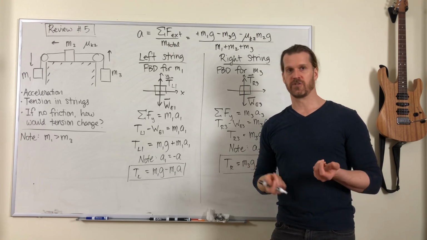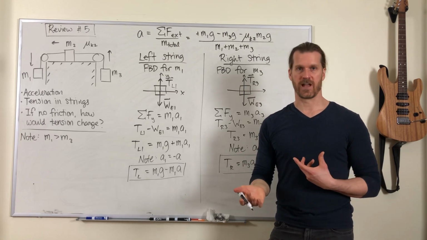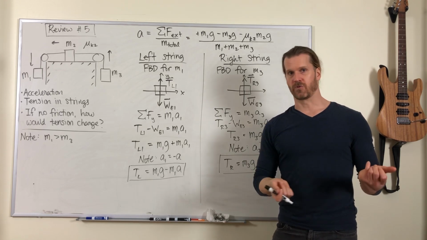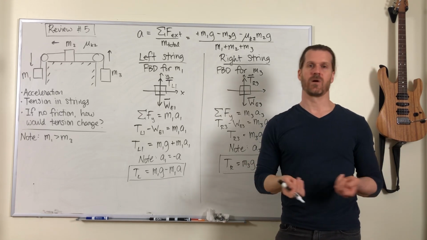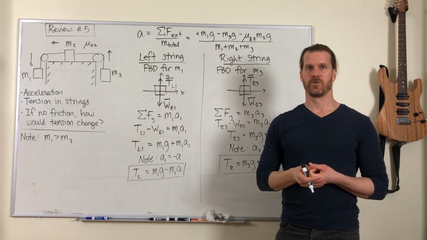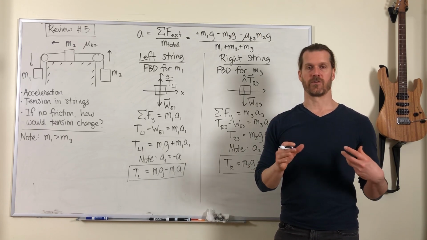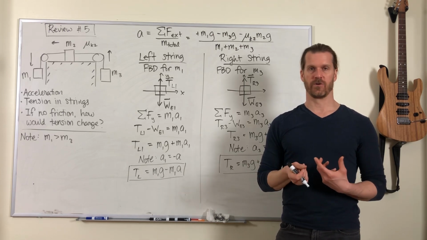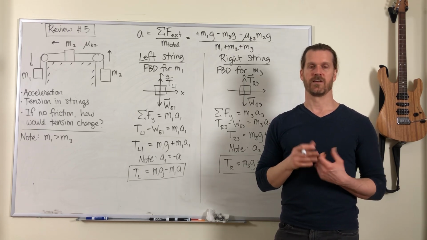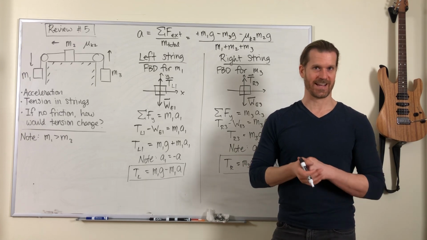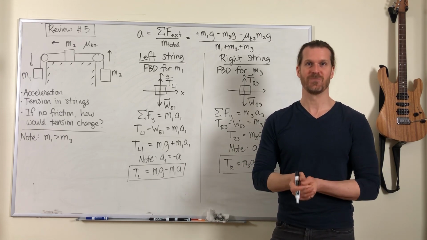If there's friction, you know how to calculate that, whether it's on a flat surface or a tilted surface. If there's a gravity force on a tilted surface, you know how to calculate that. So you can just put together all these results that you've learned over the past few weeks and combine them in any sort of system of connected objects that you might encounter.